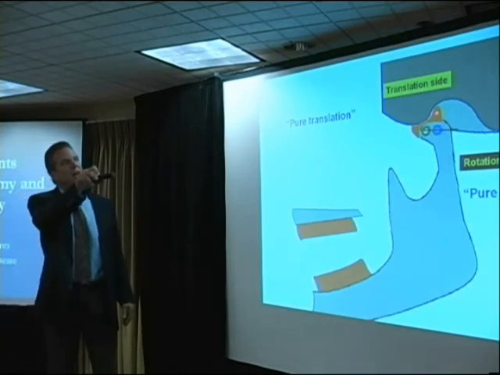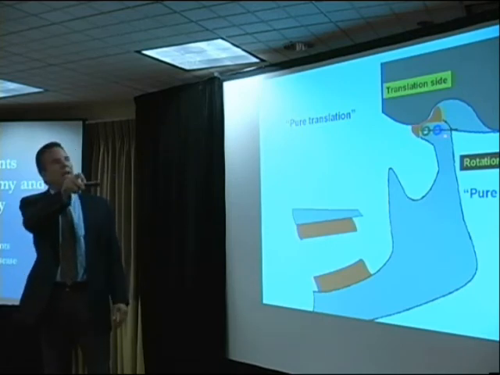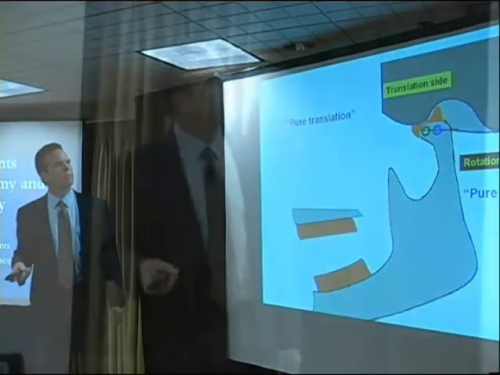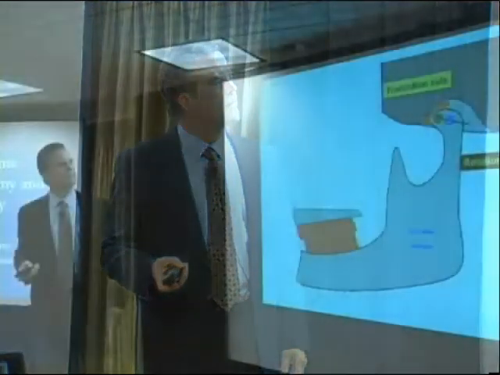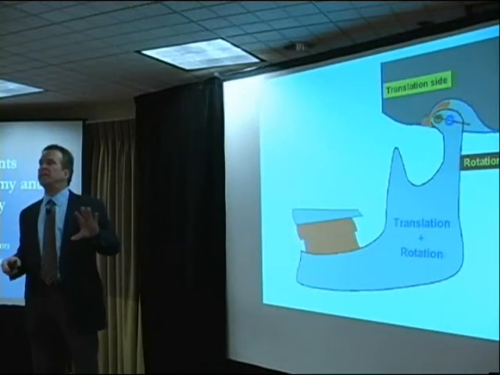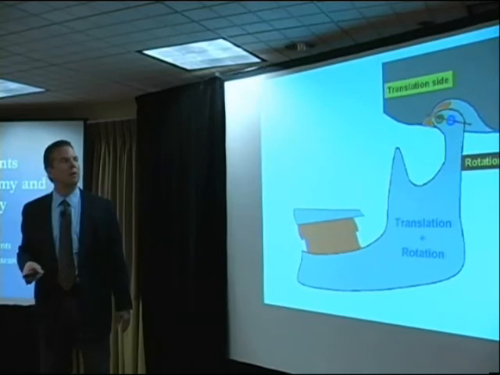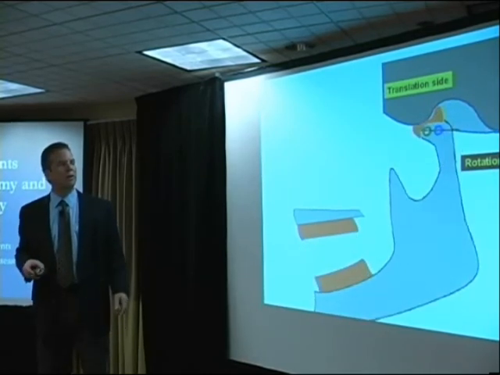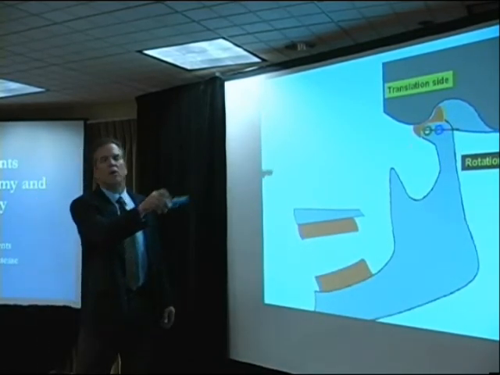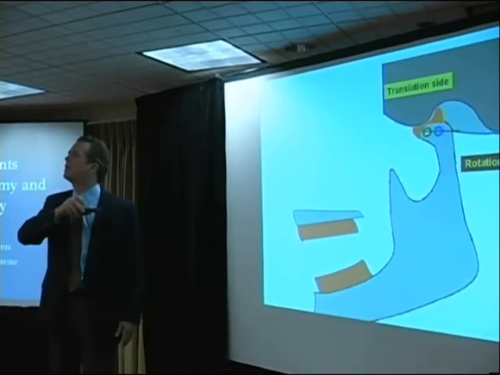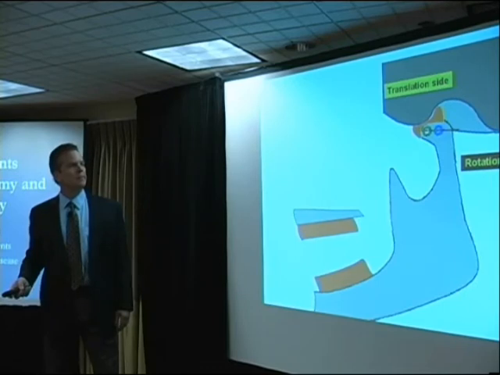This side is sliding forward, that's the translation side, and this side is rotating. So translation and rotation happen together when someone naturally attempts to open. So this was rotating the whole time. The whole mandible was moving forward, and that's happening on this side of the disc.